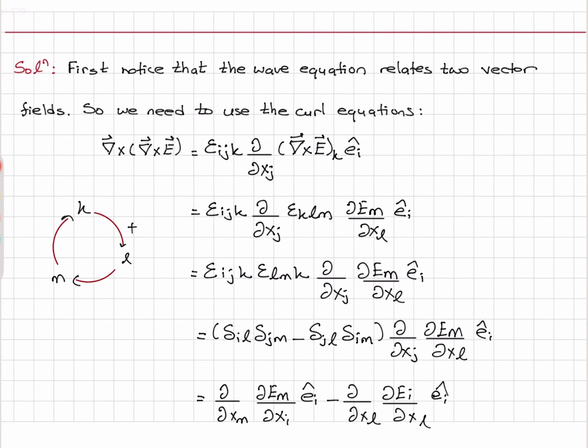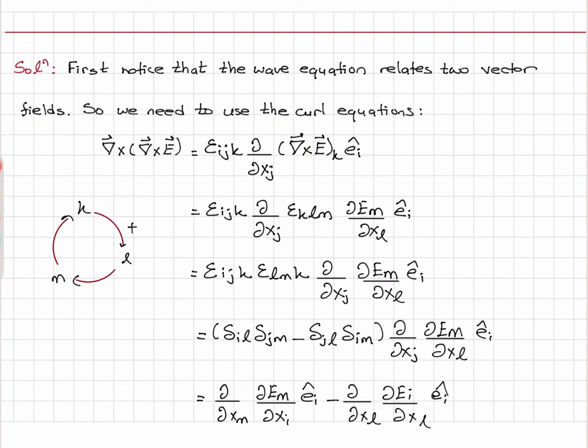As for curl of curl E, I have to use an identity. And to figure out what this is, I use subscript summation notation. This is epsilon ijk ei hat del xj of k component of curl E. K component of curl E is epsilon klm. It would be in ek hat direction, but it's k component, so no ek hat. Del xl applied to em.